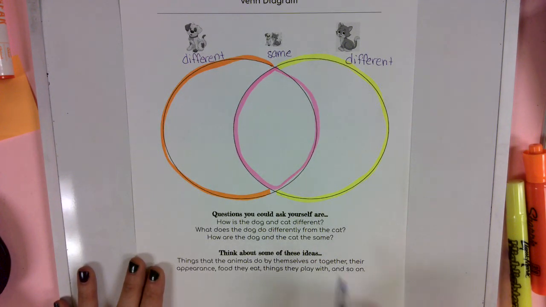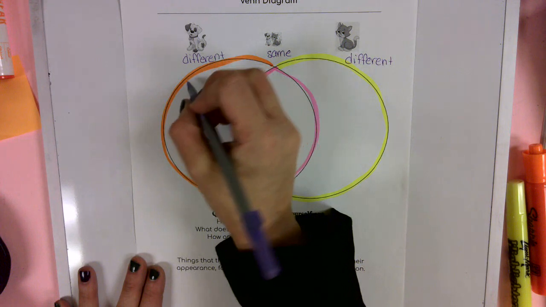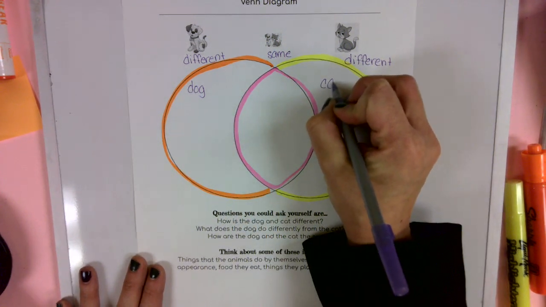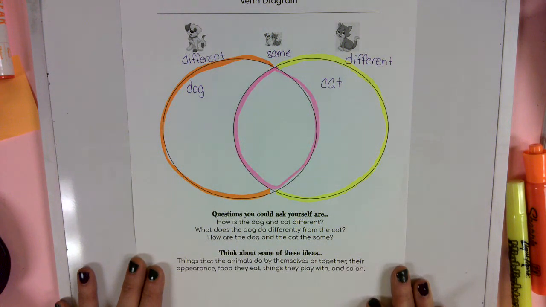So questions you could ask yourself are, how is the dog and the cat different? Well, one, this is a dog. This is a cat. Now, what does the dog do differently from the cat? Well, let's think about it. What do they do? What do you think?